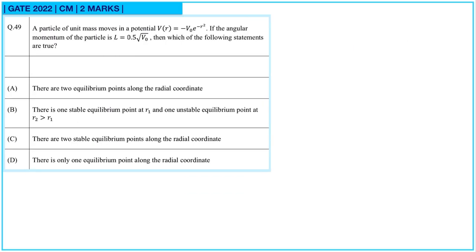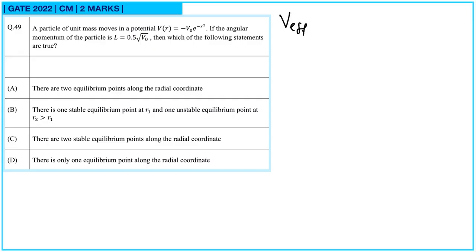Next question. A particle of unit mass moves in a potential V of r is equal to minus v naught e raised to minus r square. If the angular momentum of the particle is L is equal to 0.5 root v naught, then which of the following statements are true? So we need to find out equilibrium points here.